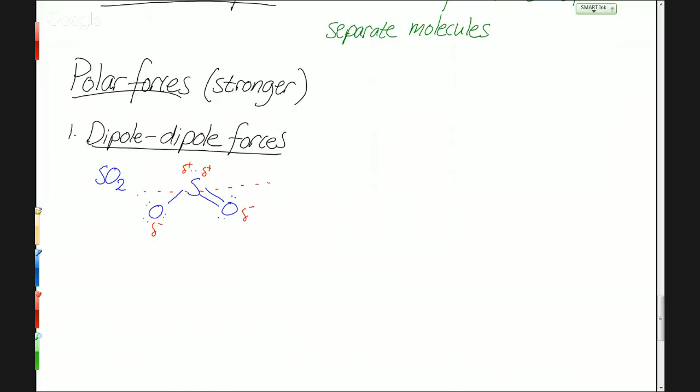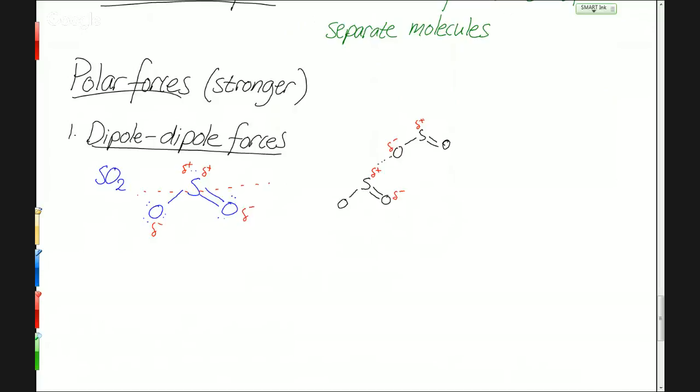So you can have one molecule that has positive and negative here connect to maybe another molecule. You see how the negative and positive get close to each other there?